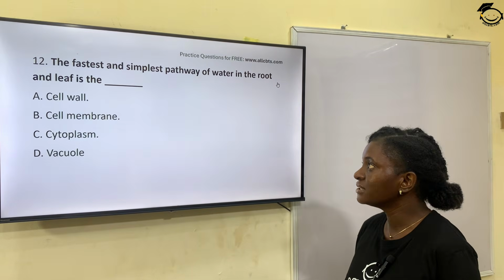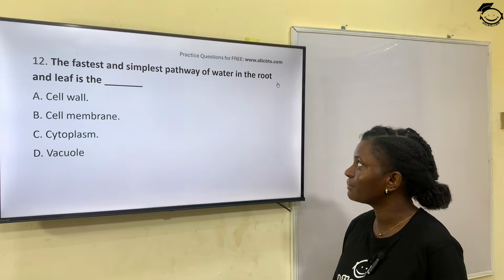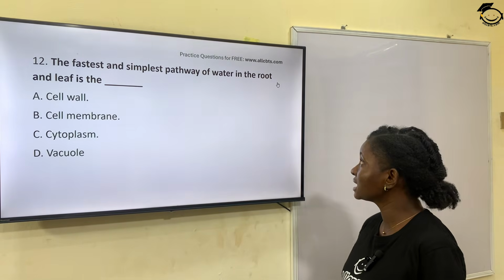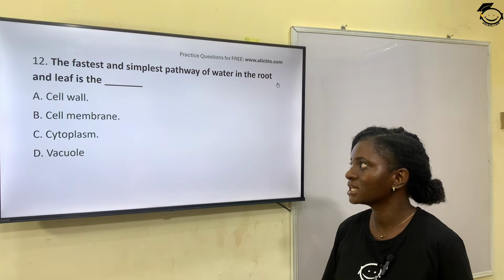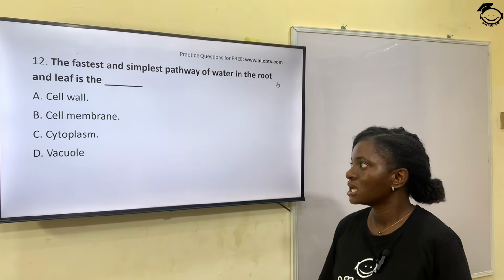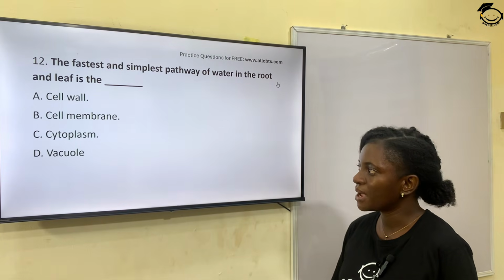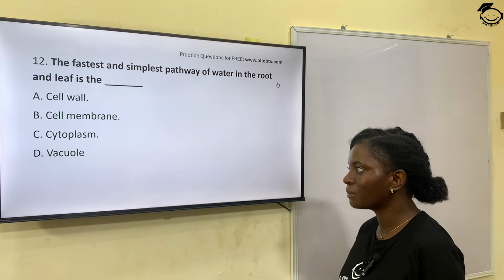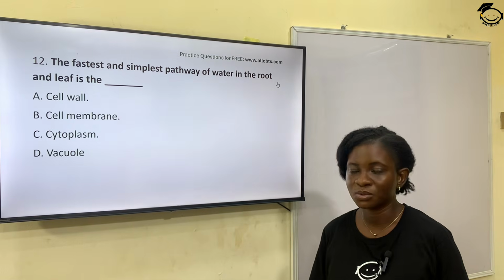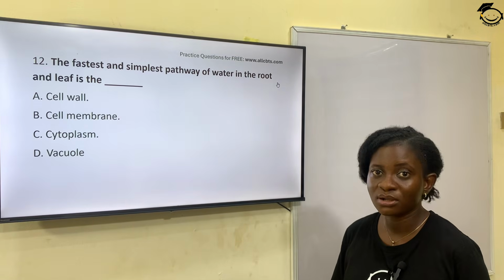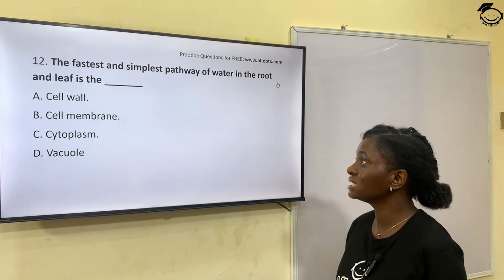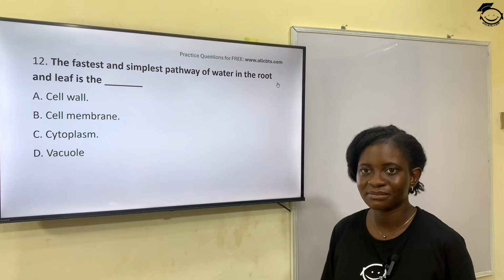Question 12. The fastest and simplest pathway of water in the root and leaf is the what? A. Cell wall. B. Cell membrane. C. Cytoplasm. D. Vacuole. Looking at these options, option A, cell wall, is the fastest and simplest pathway.